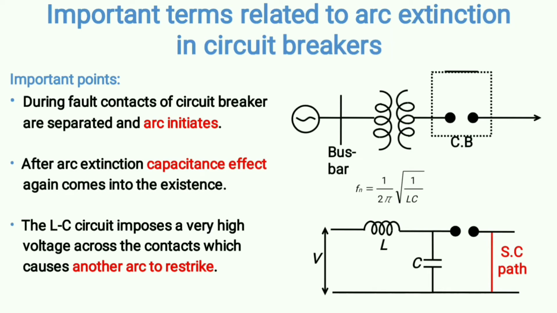Okay, and as you can see, I have given one expression of natural frequency. Fn is called natural frequency, which is 1 by 2 pi multiplied with under root 1 by LC. This is called the natural frequency of this LC system, and if you calculate, it will come to a very high value.